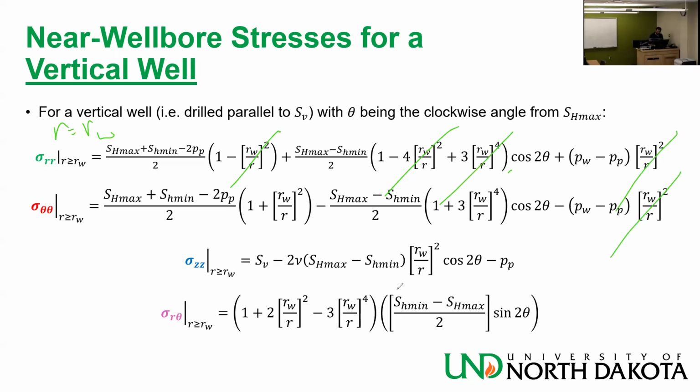This becomes 1, 1, 1. This becomes 1. This becomes 1, this becomes 1. So you have 1 plus 2 minus 3. What does that lead to? 0. That's why I said earlier, shear stresses go to 0 on the wellbore radius. And I guess it sounded a little bit dry. But this is the mathematical explanation why.